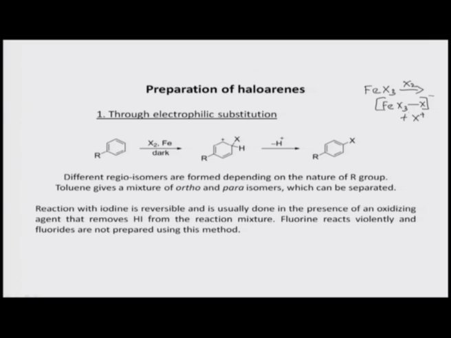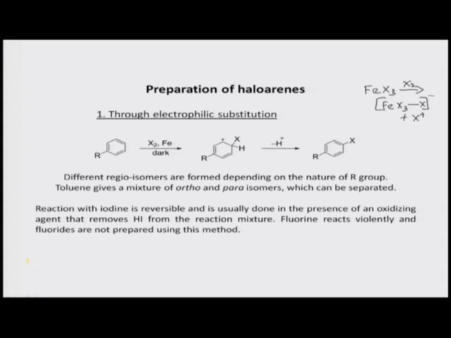So, this X plus can then react with the aromatic compound and form a positively charged aromatic species. The aromatic ring breaks down and it is no more aromatic, it forms a positively charged species, a cation, and from this we lose an H plus and a double bond is reinstated to give us the corresponding haloarene.